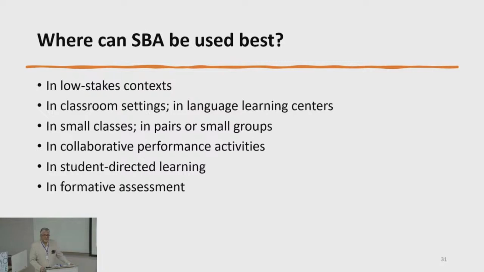It doesn't always have to be an individually taken test. It could be done in pairs. So it could be collaborative. It could be student-directed, as I was saying a few minutes ago, talking about learner autonomy. You could have the students direct what tests they want to take and what content they would like to take.